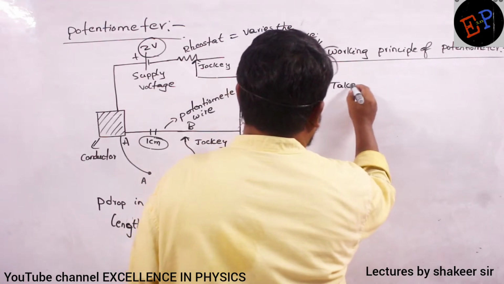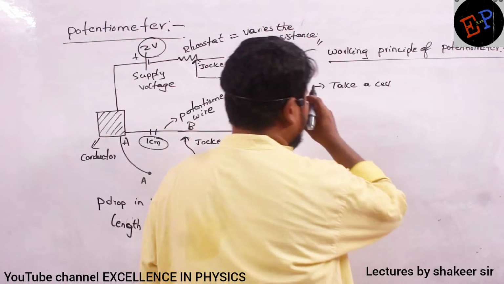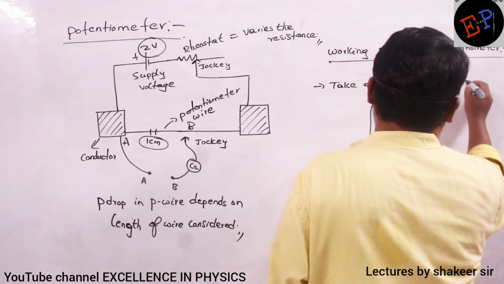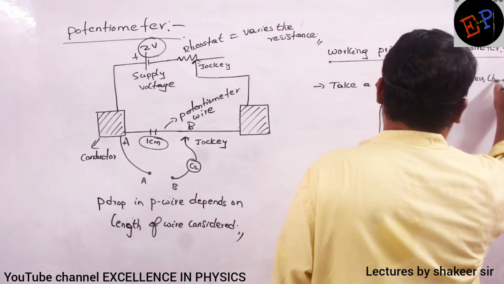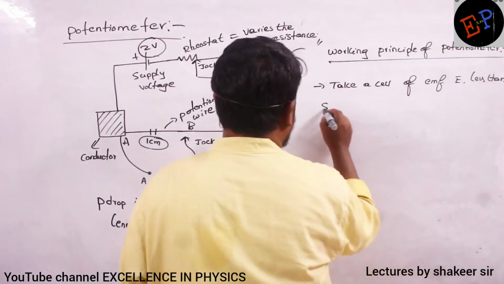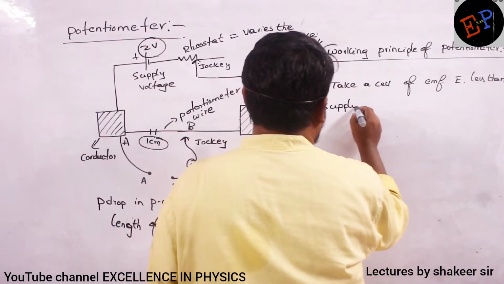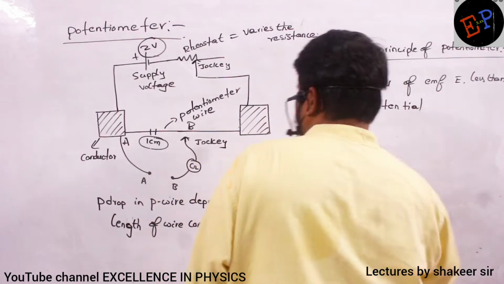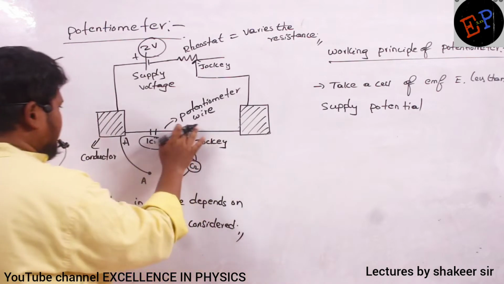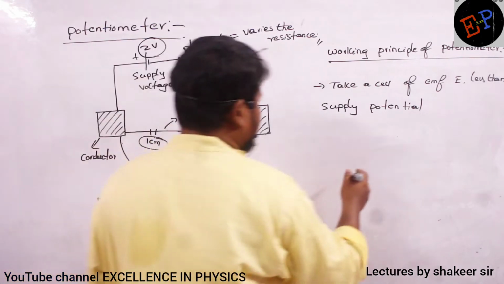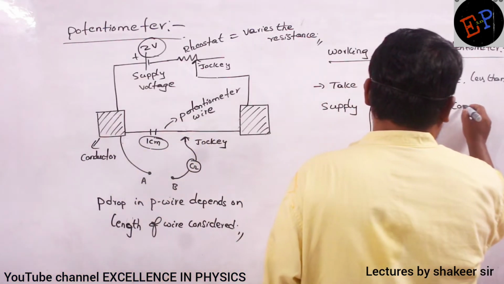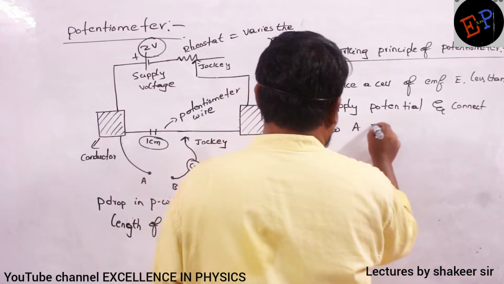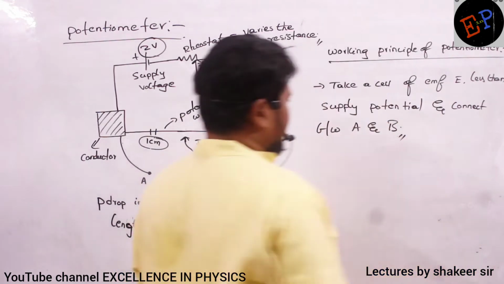Take a cell of EMF E less than the supply potential, and connect it between points A and B. Are you able to understand?